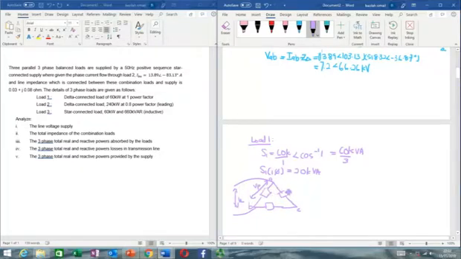So for delta, V line is equal to V phase. But for star, which is load 3, you have to find the phase voltage, because for star connection, V line is not equal to V phase. V line is root 3 of V phase.